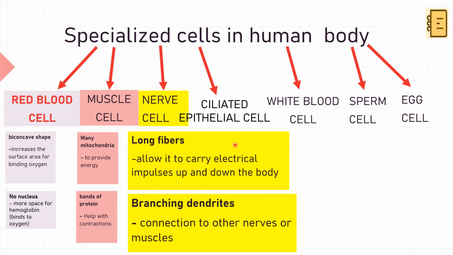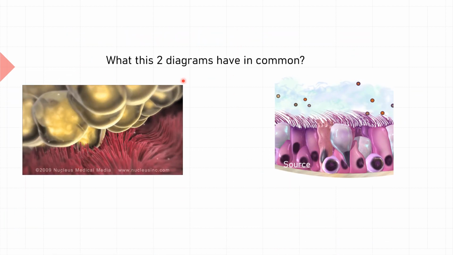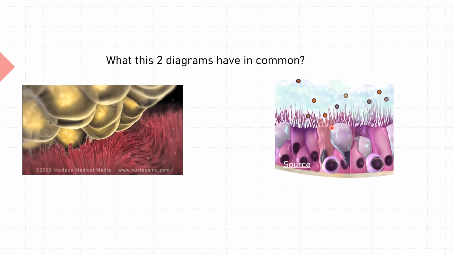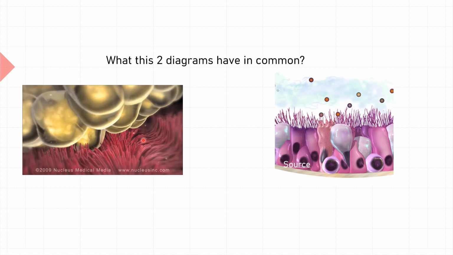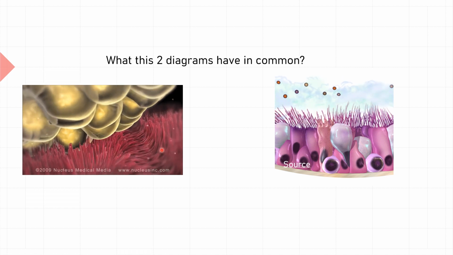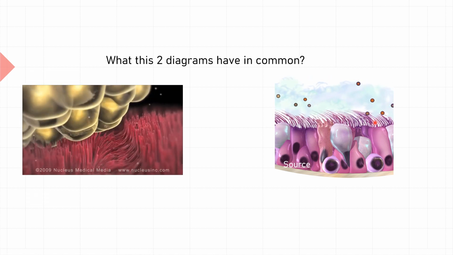Then the next one we will be talking about is the ciliated epithelial cell. You have two diagrams here. When you observe them, you see hair-like structures here and here.